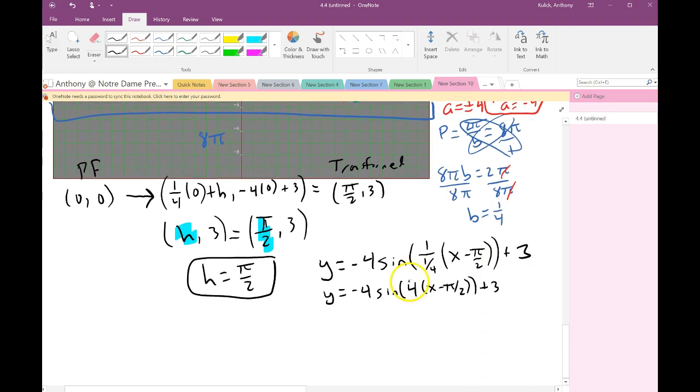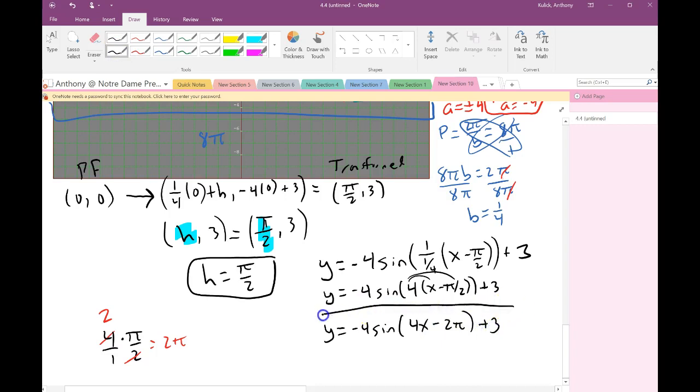And if I wanted to, I can distribute this inside. And 4 times pi over 2, well, it's really the same thing as 4 over 1 times pi over 2. And just like when we multiply fractions, I can reduce, and that just becomes 2 pi. And that's as much as I can simplify. So there's my final answer.